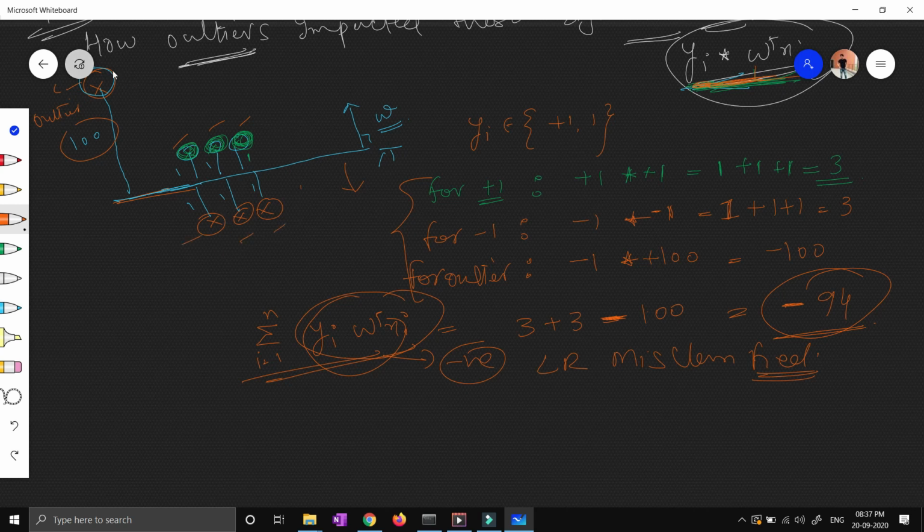But just due to one outlier, we are saying that our logistic regression fails here, or ultimately, what I'm trying to say is, this particular plane is wrong, right?